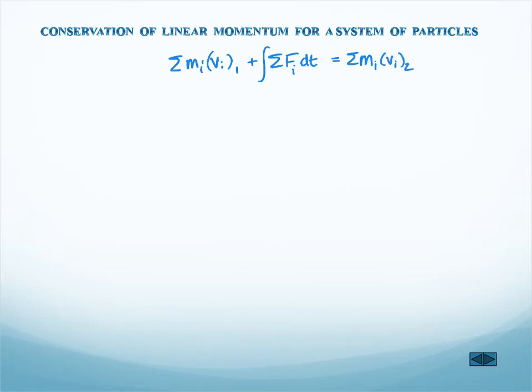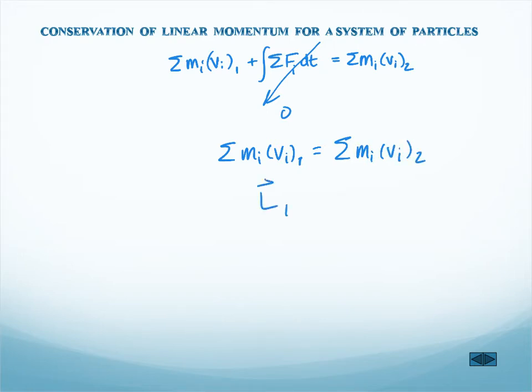In the cases where we don't have any external forces, what we found was that the initial momentum was equal to the final momentum. This is what we call the conservation of linear momentum, or just the conservation of momentum for short. And this is something we usually use when we're talking about collisions.